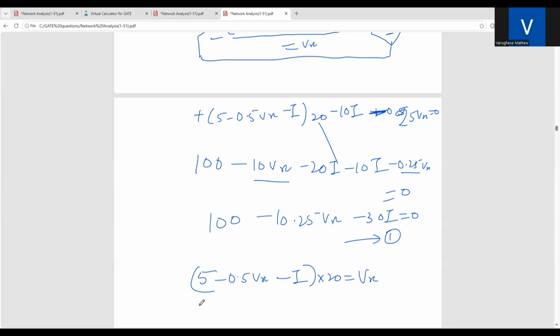That means 100 minus 10 Vx minus 20I is equal to Vx, or 100 minus 20I is equal to 11 Vx.